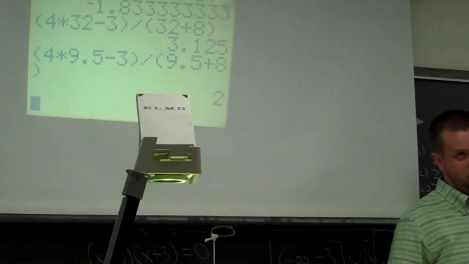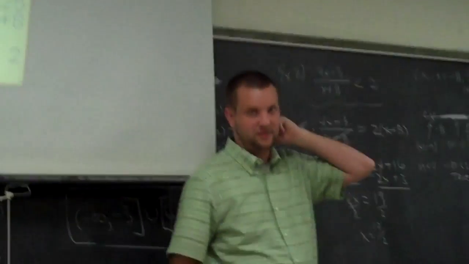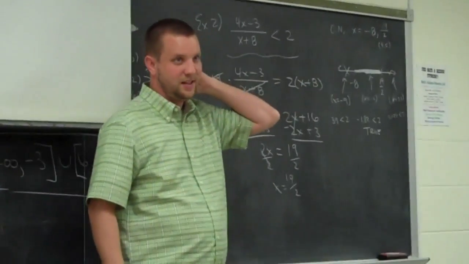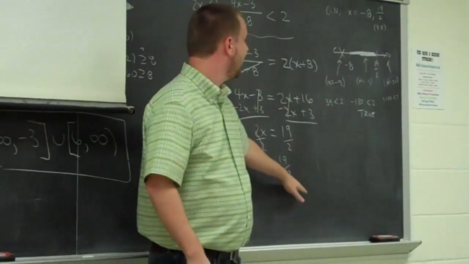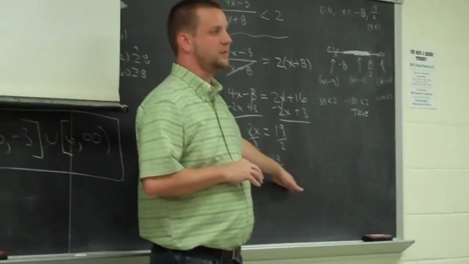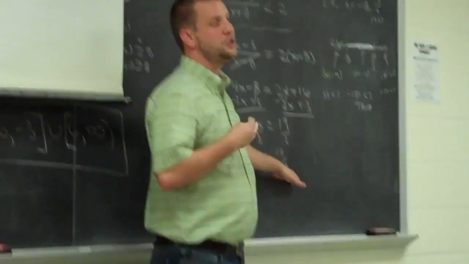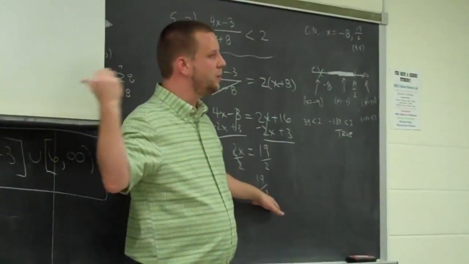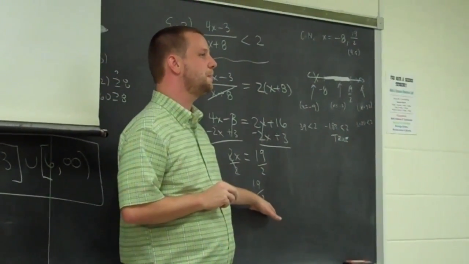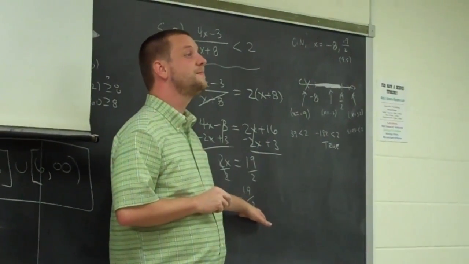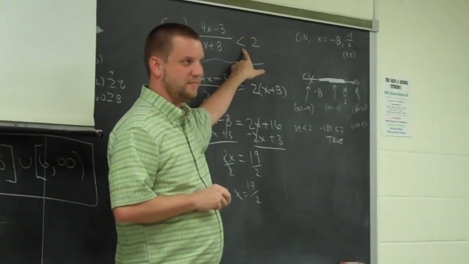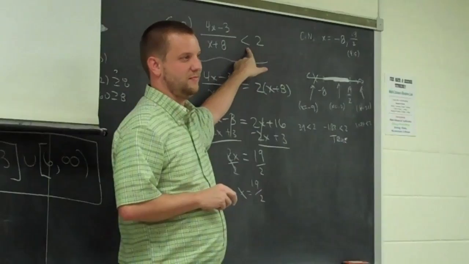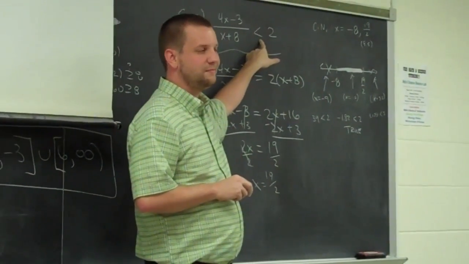Okay, so Tara's point is, she had a teacher, a very wise teacher I'm sure, tell her that 19 over 2 wouldn't work. Did you already know, before we even plugged it in, that 19 over 2 wasn't going to work? Yeah. Why? He said because if it's not greater than or equal, then it's only greater than, so it's the parentheses instead of the bracket.